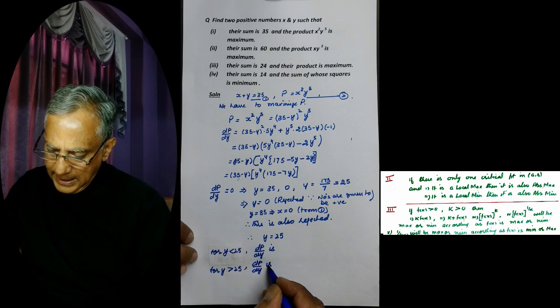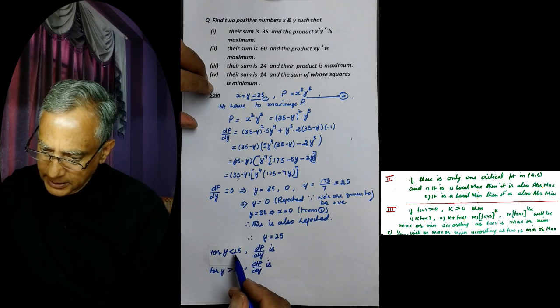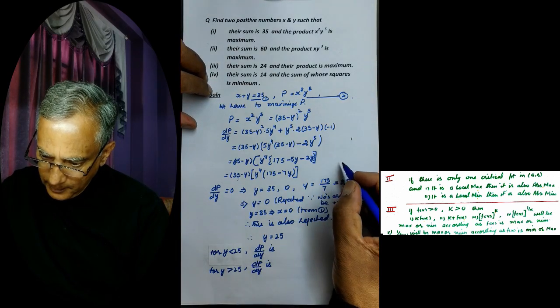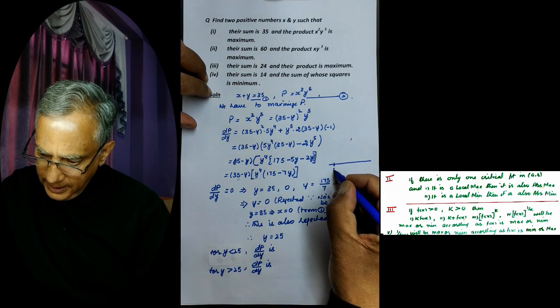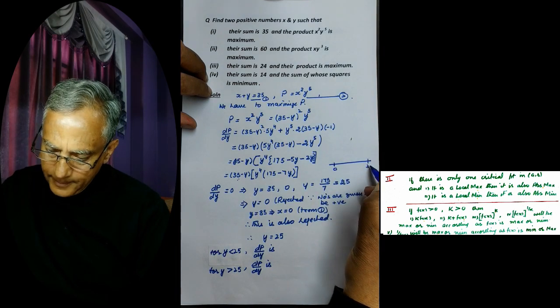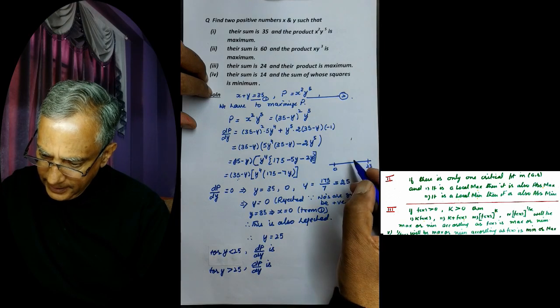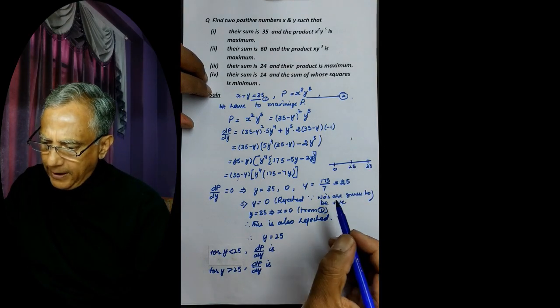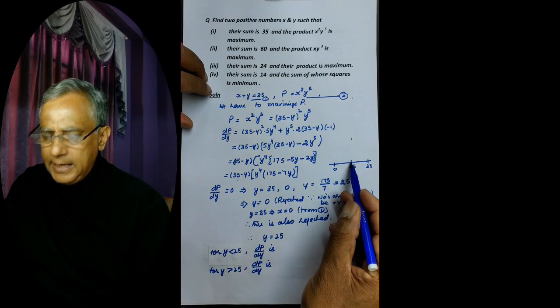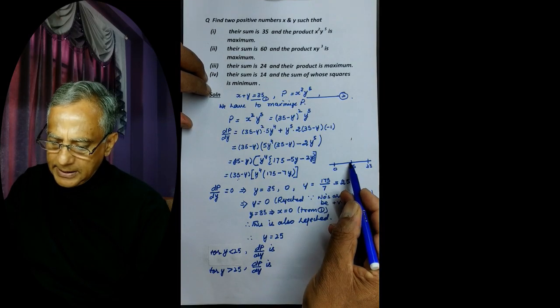Now for y less than 25, this is the number line. This is 0, this is 25 and this is 35. So for y less than 25, we can take any value in this interval. Take it as 10.